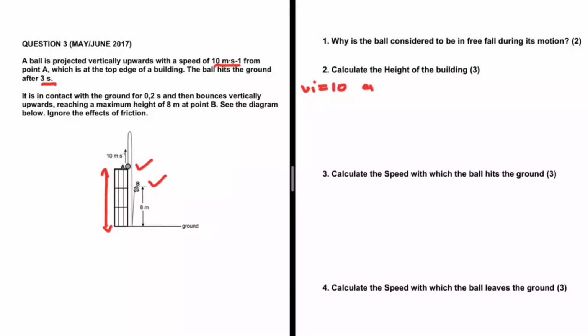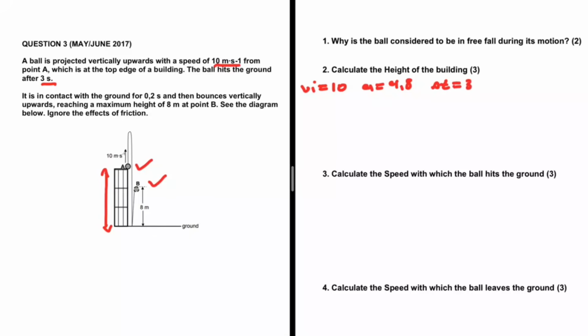Obviously, we always have the acceleration. It is 9.8 meters per second squared downwards. That is when our object is in free fall. Another piece of information is the time taken to hit the ground. Delta t is equal to 3 seconds.